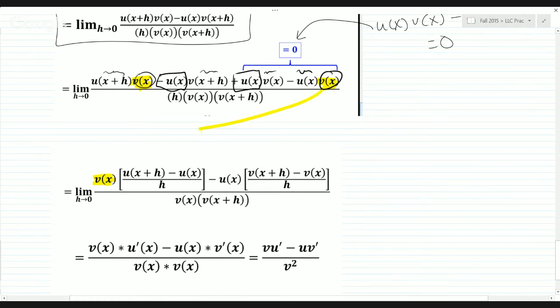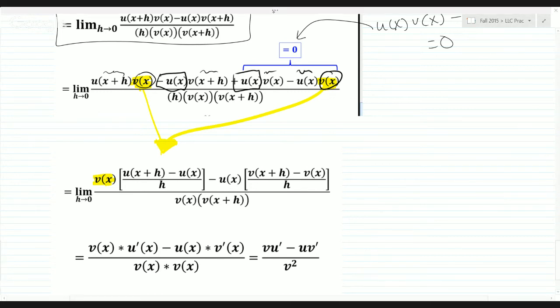They combine them to get the definition of a derivative: u of x plus h minus u of x, and they just bring the h's up into the numerator. You all good with that?